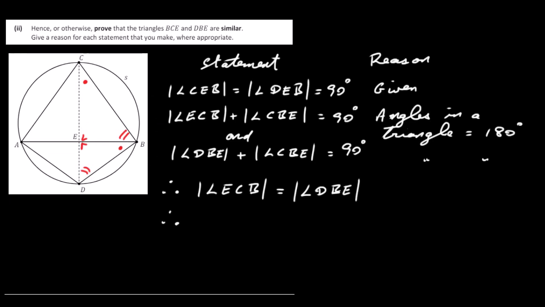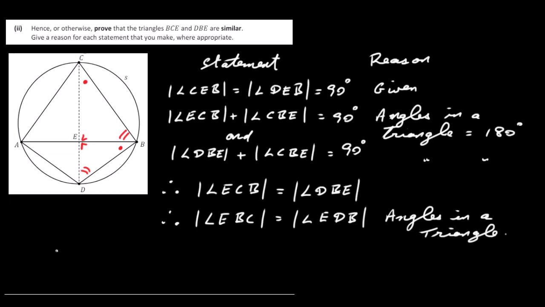You can say therefore the size of the angle EBC is equal to the size of the angle EDB. So what I'm saying here is that EBC, this angle here, must be equal to EDB, this angle down here. Why? Because we've shown that two angles are the same in both triangles, so the third one must be equal. So I'm just putting down angles in a triangle.